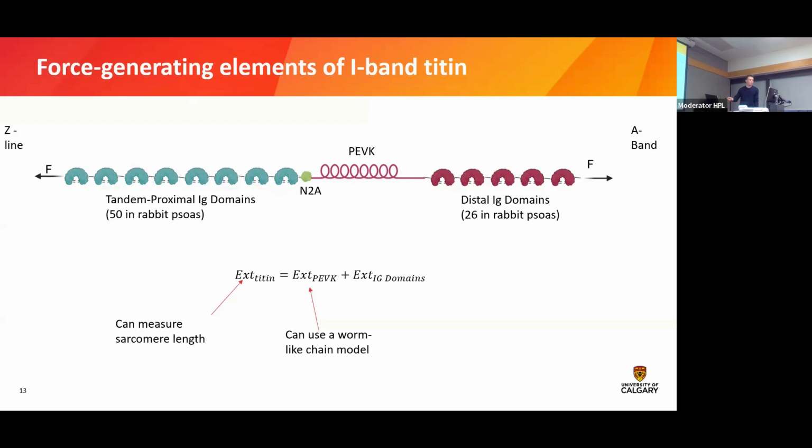Titin length we can measure visually by looking at the length of the I band. With those two parameters, we can calculate the length of the immunoglobulin domains. We also have the force on Titin from earlier that we used to do the PEVK. So that gives us the length of the immunoglobulin domains and the force at every time point.